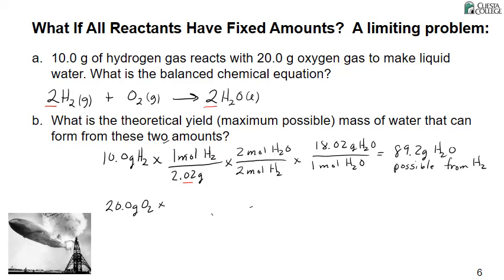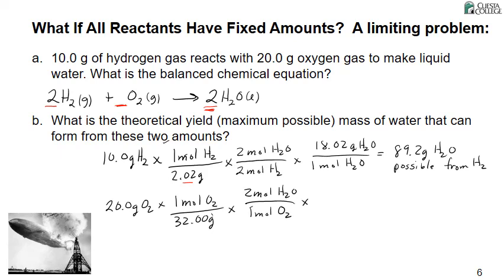20 grams of oxygen multiplied by its molar mass, multiplied by its mole-to-mole ratio. From the balanced chemical equation, the coefficient of the oxygen is implicitly known to be 1, and the coefficient for water is still 2. So for every 1 mole of oxygen consumed, 2 moles of H2O would form.